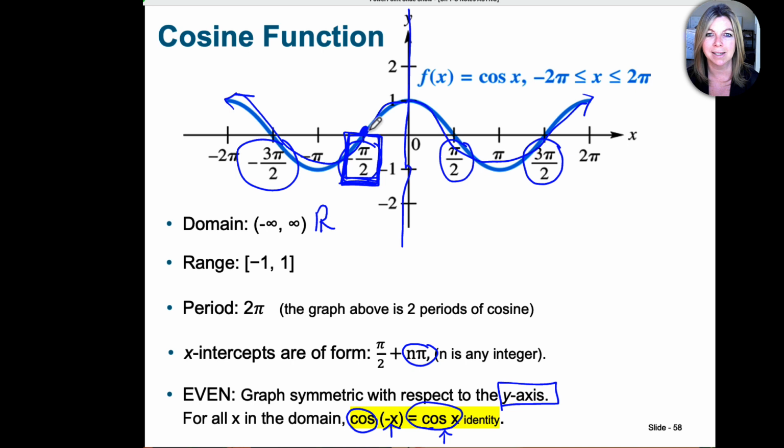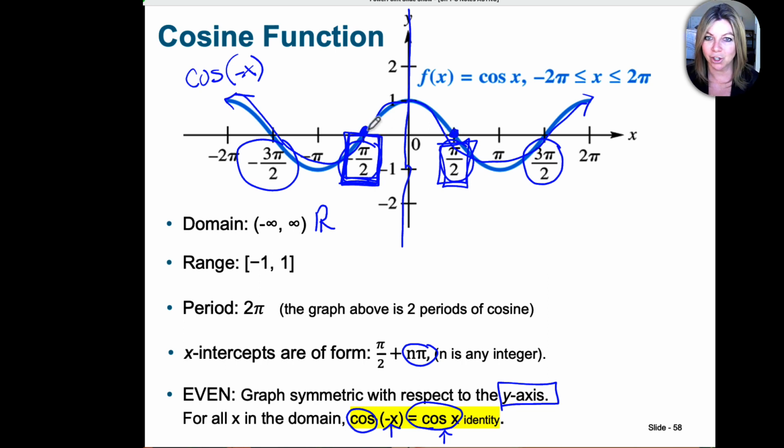This might not have been the best example to visualize it, but let's keep going with it. Now let's take cosine and input the corresponding positive pi over 2. Cosine's value at pi over 2 is again 0. So for cosine, it doesn't matter if you're inputting a negative x or the same positive x, you are getting an equivalent value because it's symmetric about the y-axis.